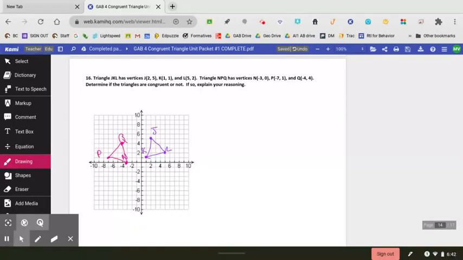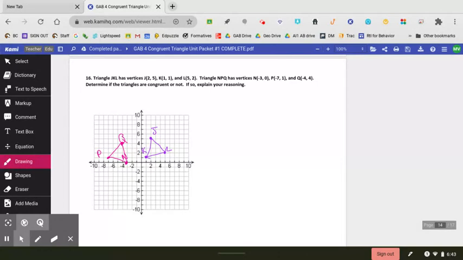So I'm looking at those triangles and I got to think about what are things I can find on a coordinate grid. I can't really find an angle measure unless they're perpendicular, but that would only tell me one angle is a 90-degree angle. But I can find how long each segment is.